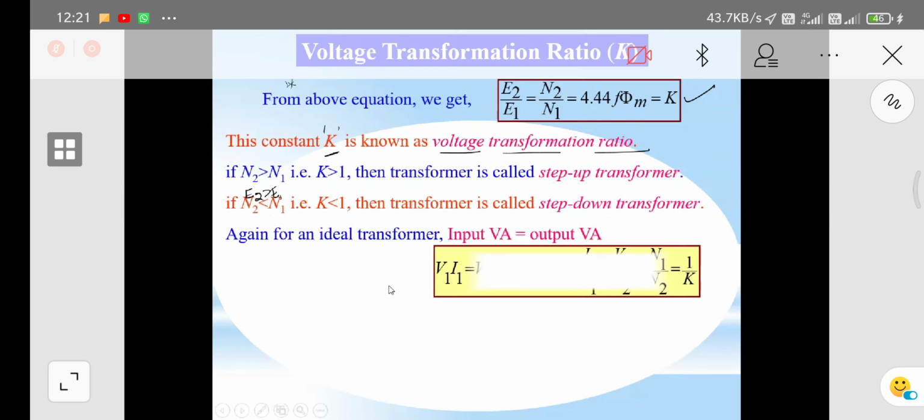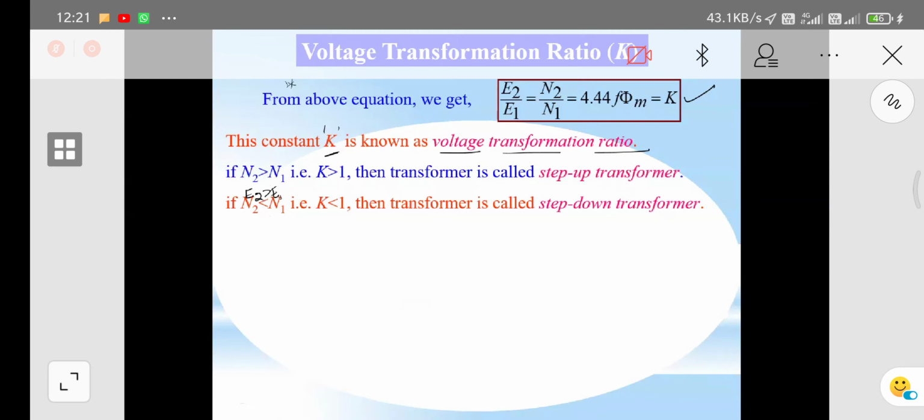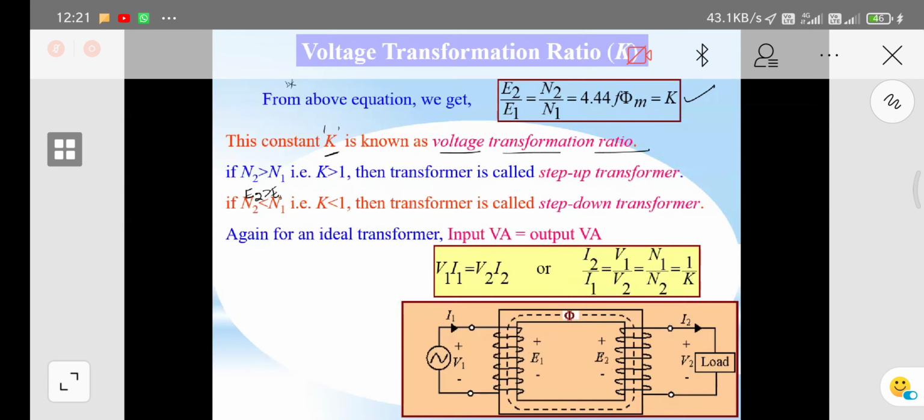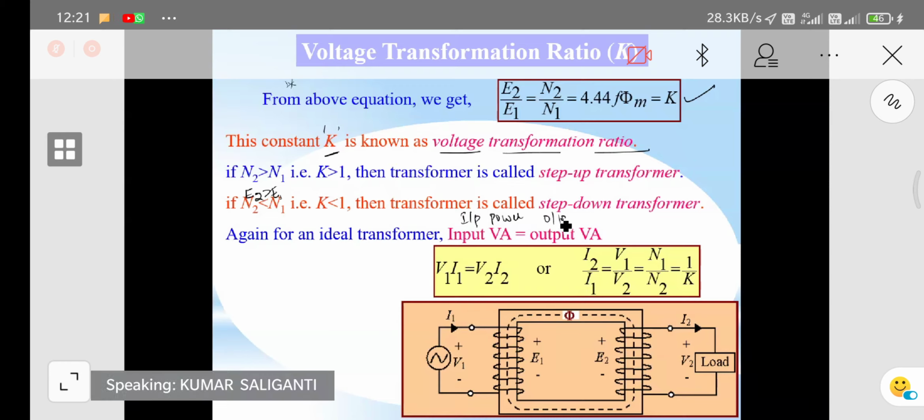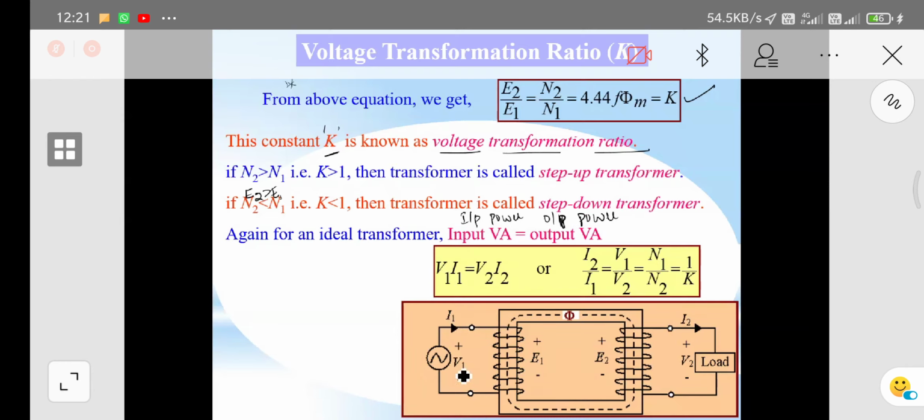Next. For an ideal transformer, input VA is equal to output VA. So the input power is equal to the output power, that is V1 I1 equal to V2 I2.